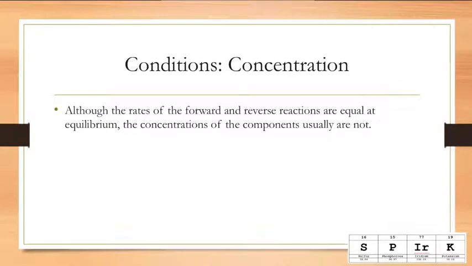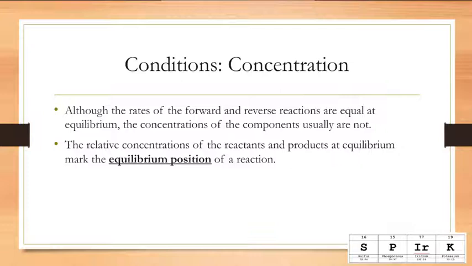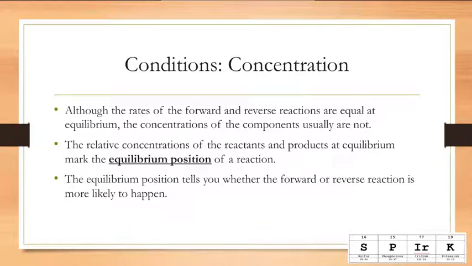So there are conditions that affect the equilibrium. Although the rates of the forward and reverse reactions are equal at equilibrium, the concentrations of the components usually are not. The relative concentrations of the reactants and products at equilibrium mark the equilibrium position of a reaction. The equilibrium position tells you whether the forward or reverse reaction is more likely to happen.